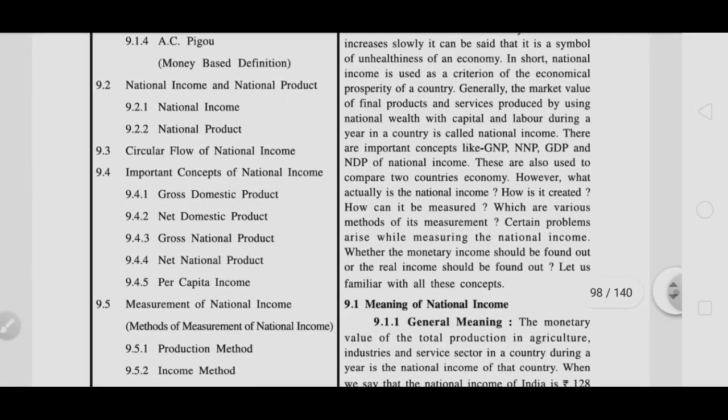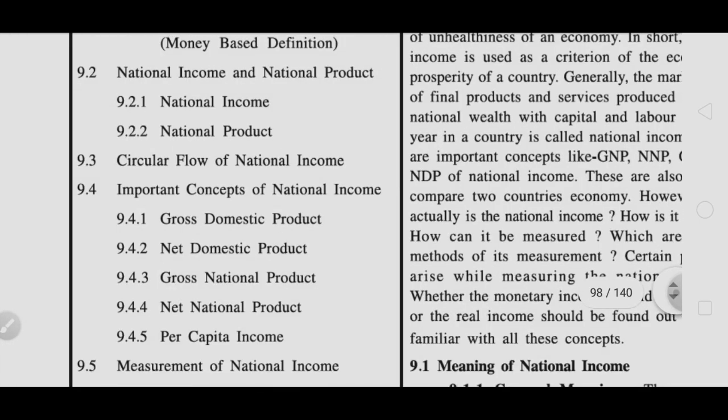Then we'll move forward. There will be the difference between national income and national product. Then we'll discuss the circular flow. After understanding this particular point of the circular flow of national income, you will be able to understand the whole of national income.